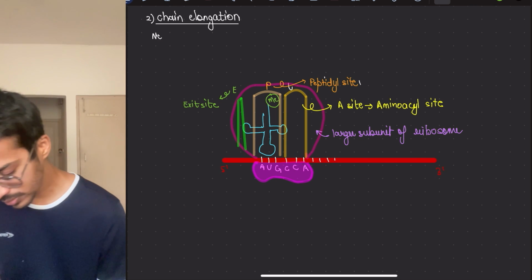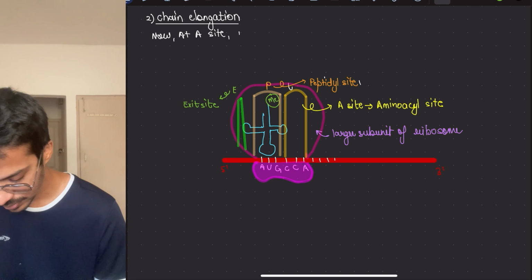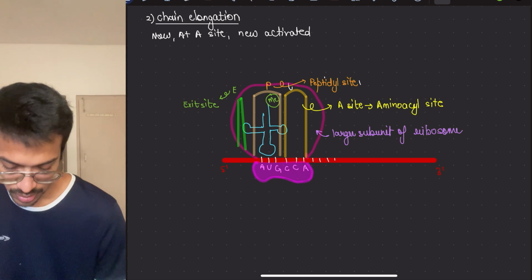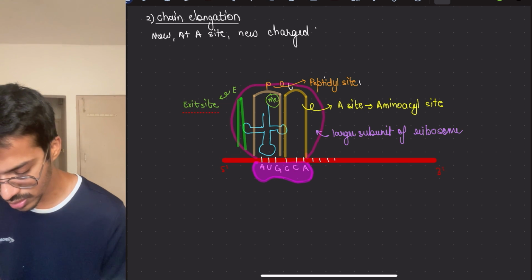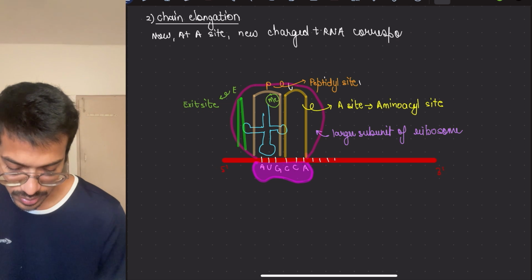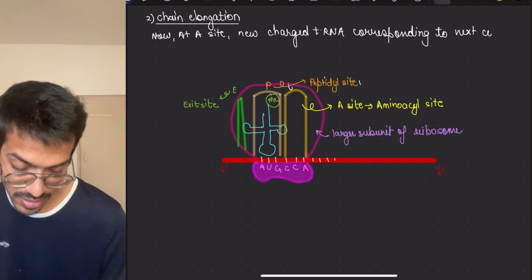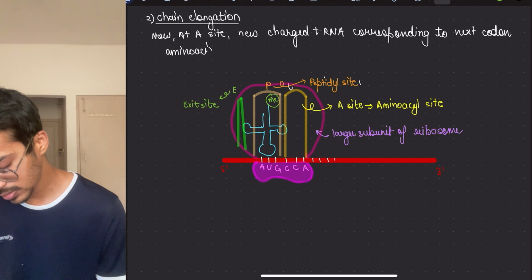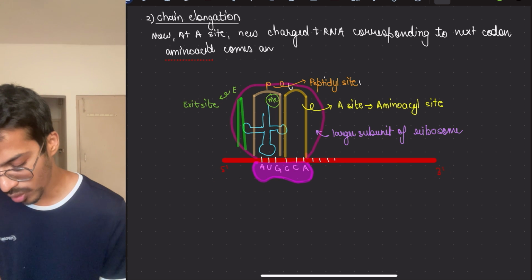So now at the A site, a new charged, activated tRNA corresponding to the next codon's amino acid comes and joins.